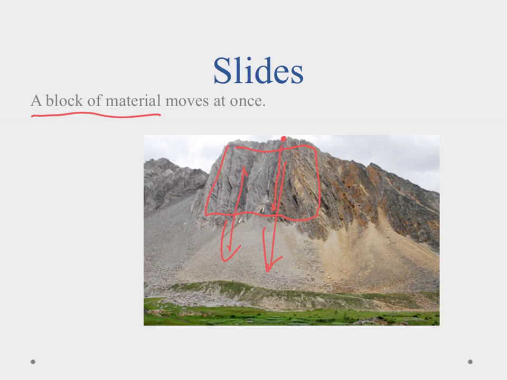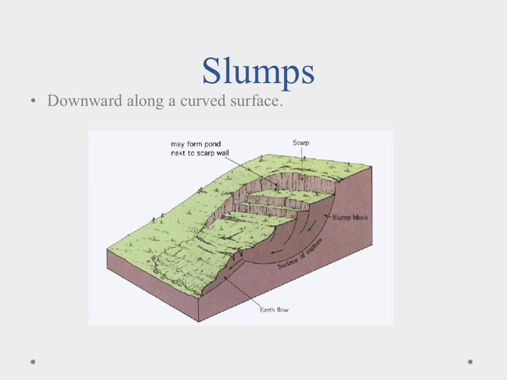And we can see these in areas where you have weathering and erosion on a cliffside, and you can see how there are these natural cracks here, and that whole section can be the next one to fall down. Now we also can talk about a slump, and a slump is downward movement along a curved surface. So what you'll notice here is we have a crescent shape.